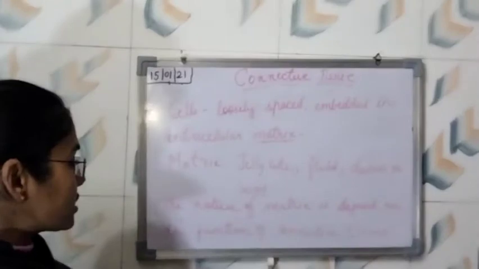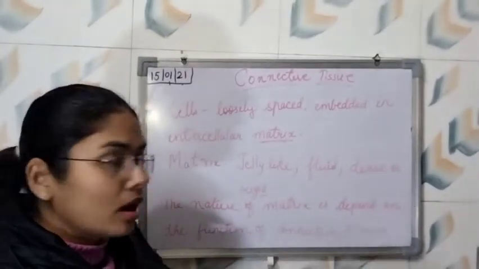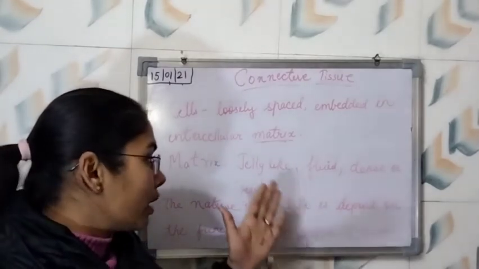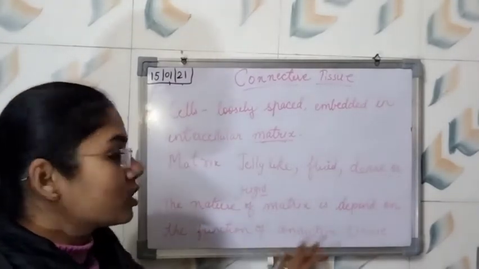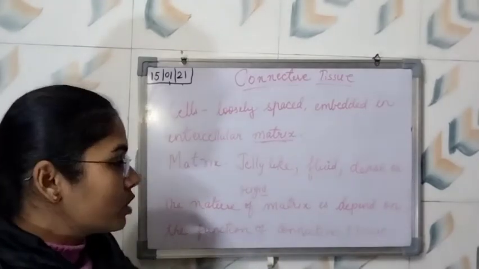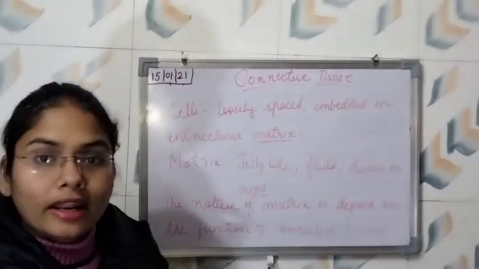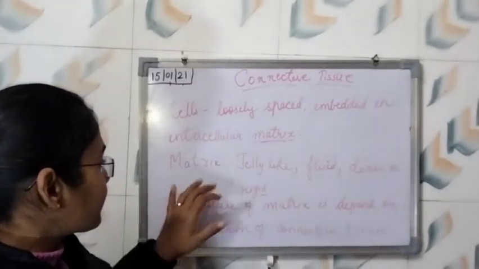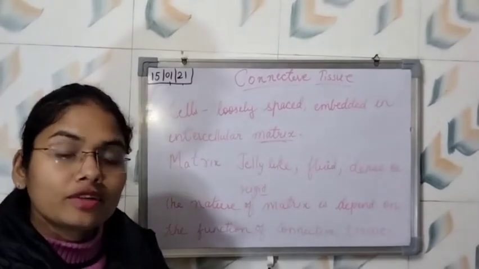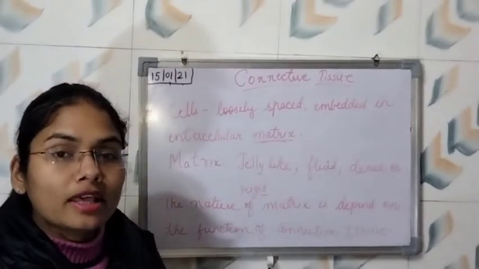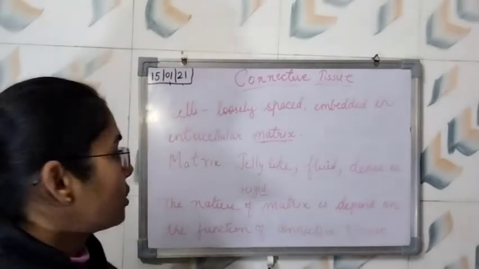Understand the nature of matrix, how it needs to work, whether it is jelly or fluid. It totally depends on the function of connective tissue. So this is all about the cells present in connective tissue. Moving forward, we will study the types of connective tissue, the examples of connective tissue which are present in our body, right?